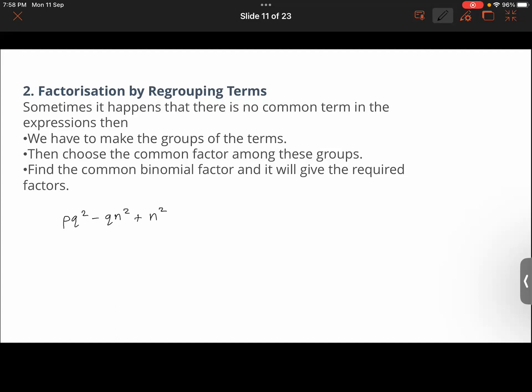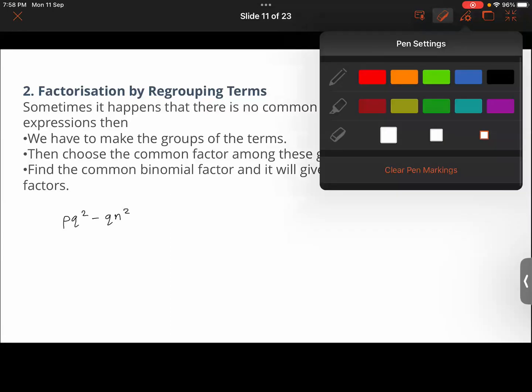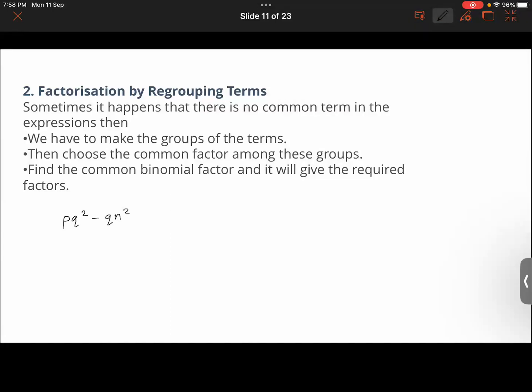In order to solve this, I will first regroup the terms. Let's take one more term in it: pq square minus qn square, minus pq also here, and plus n square.